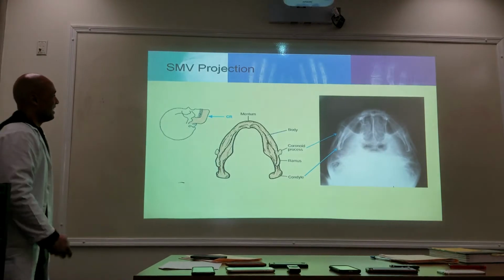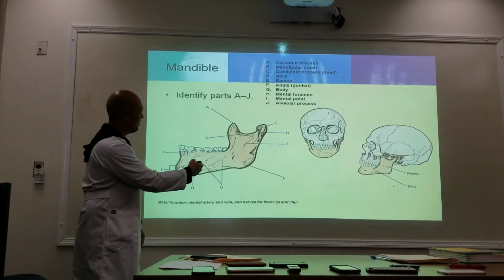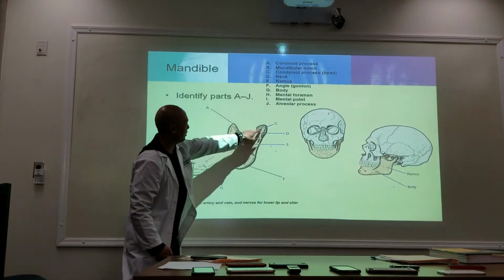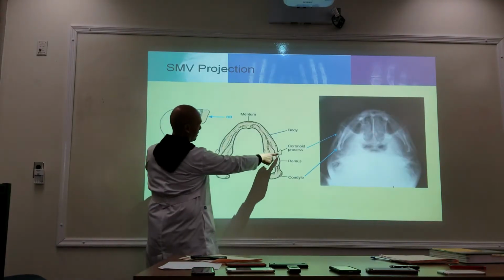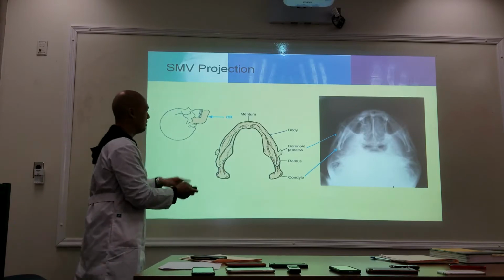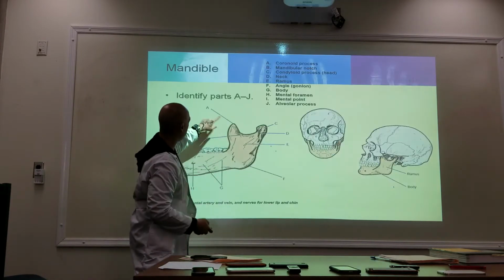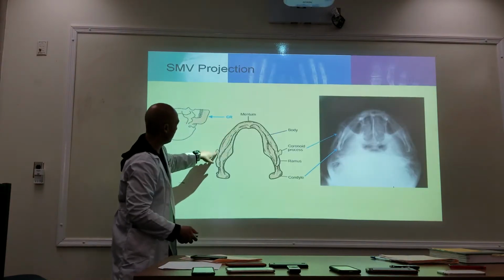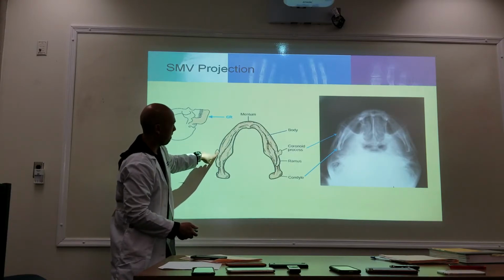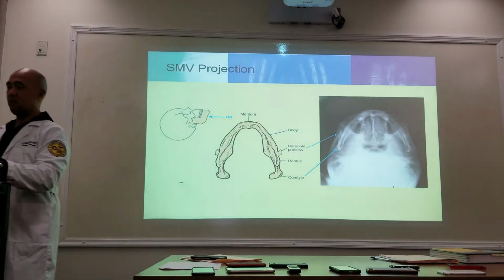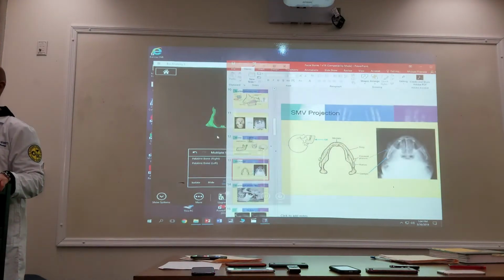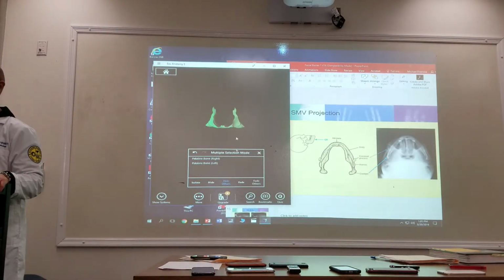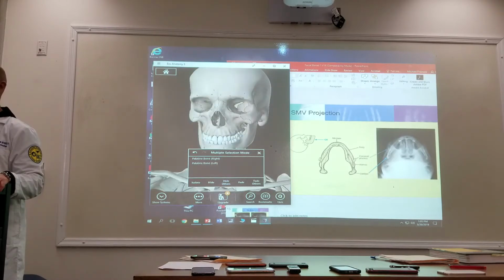Okay. So the coronoid process, if you look over here, here's the coronoid, the condyloid process. And if you look at it from this projection, the coronoid process is this. And if you look at it vertically, then it's right over here. It's a lot easier when you're looking at it three-dimensionally.